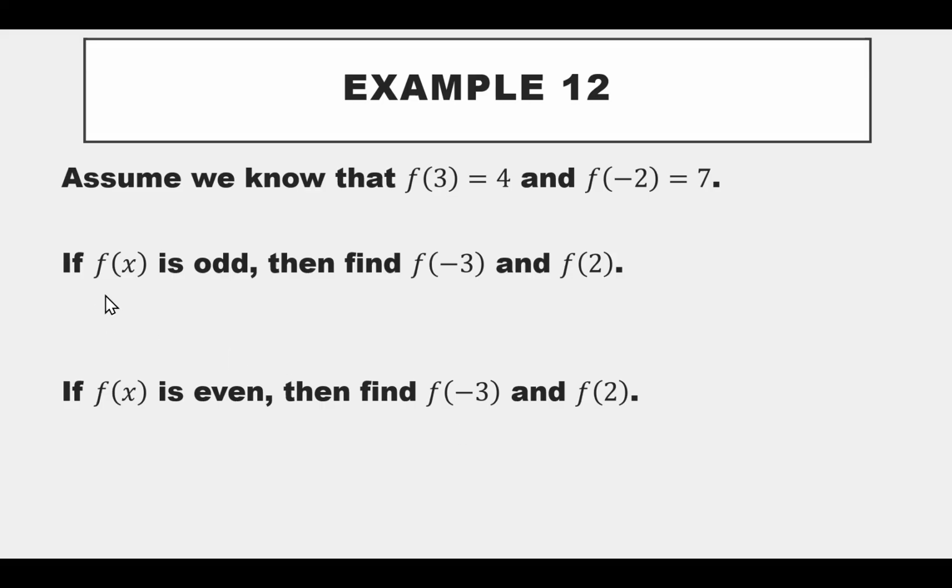If this function happened to be odd, what would f of -3 be? What would f of 2 be? The same thing, if this function were even, what would f of -3 be? And what would f of 2 be? If you want to try this on your own, just push pause on the video. I'll do this in a couple of seconds.